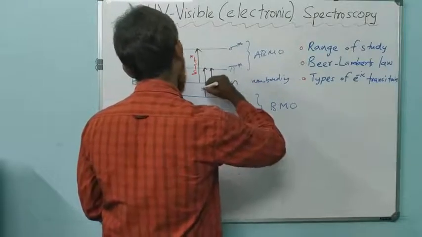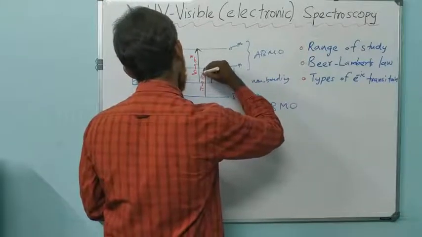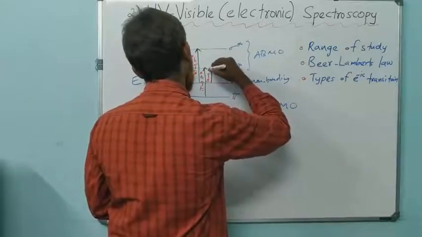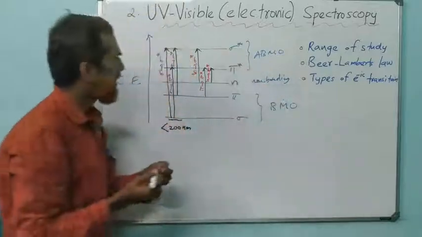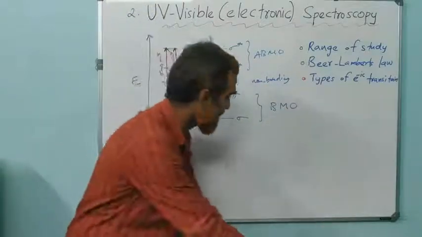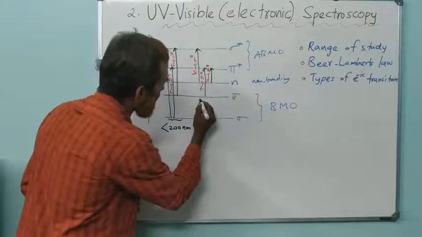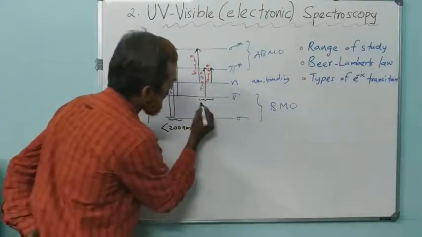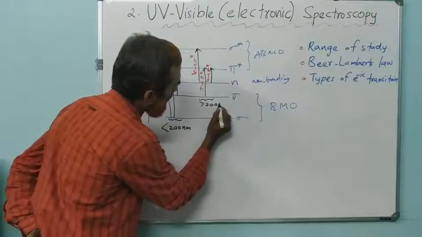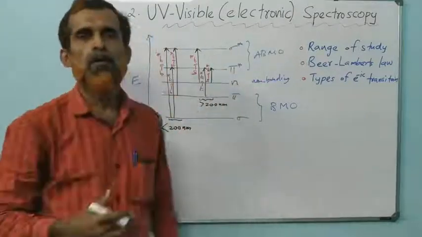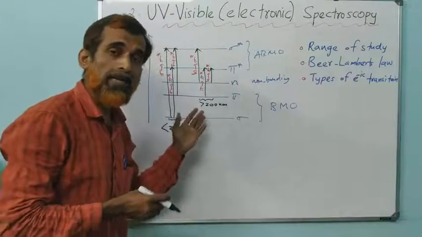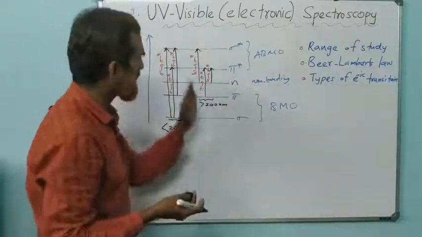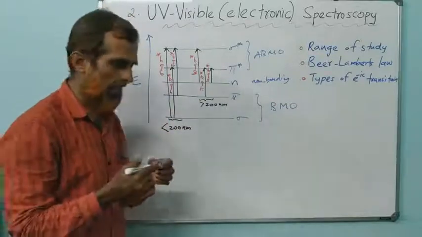This is pi to pi star, and this is n to pi star. So these are various transitions. These transitions of course require comparatively lower energy, and it definitely comes above 200 nanometer. That means it may go beyond 200 nanometer, it can go to 400, it can enter into the visible range. So these transitions are more important in electronic spectroscopy.